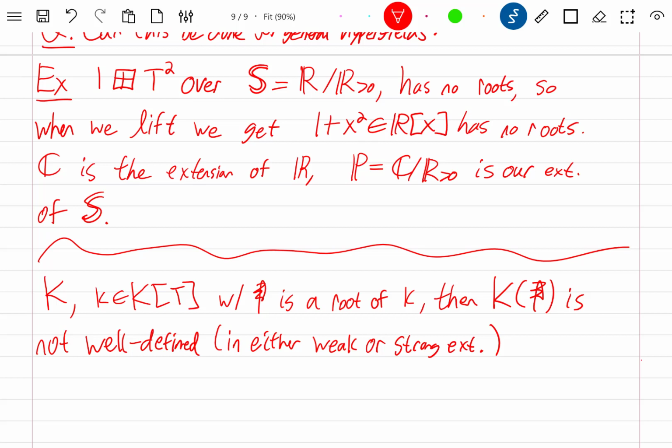So if you're just considering weak hyperfield extensions, you still can't make sense of what it means to be minimal. Similar for strong hyperfield extensions, we still don't know what it means to be minimal.